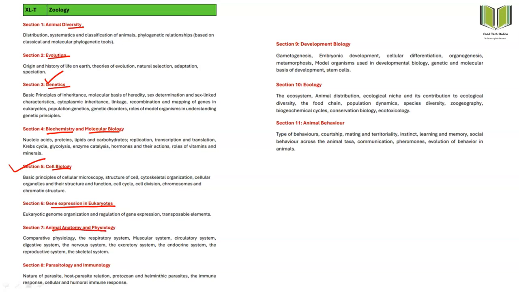Then animal anatomy and physiology, meaning the various parts: the muscular system, digestive system and nervous system of the animals or species that come under the kingdom Animalia. Then parasitology and immunology.